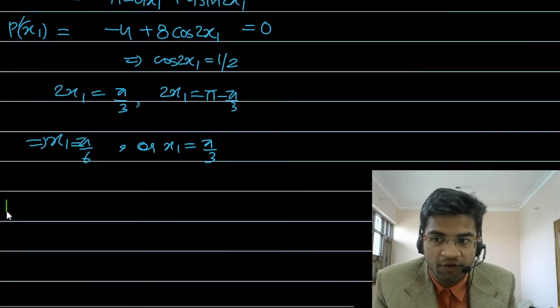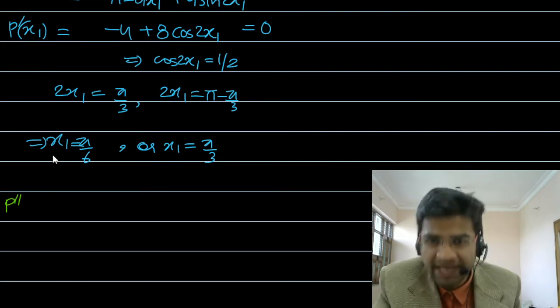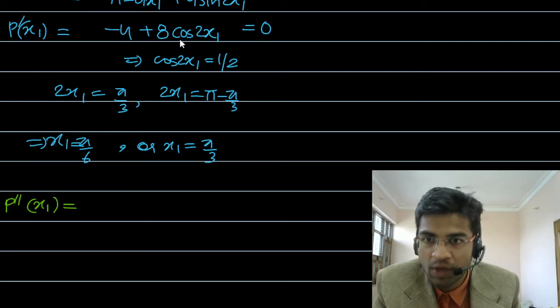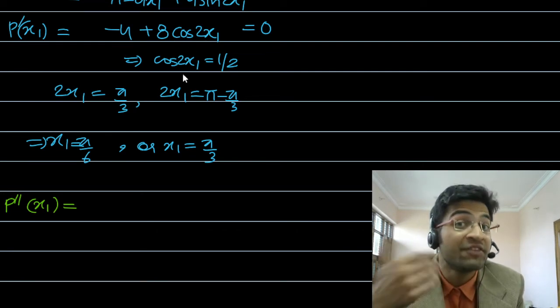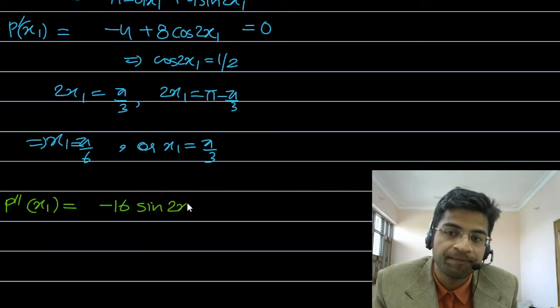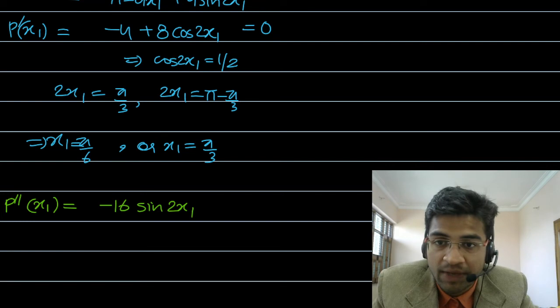So p double dash x1 will be equal to minus 16 sine 2x1.